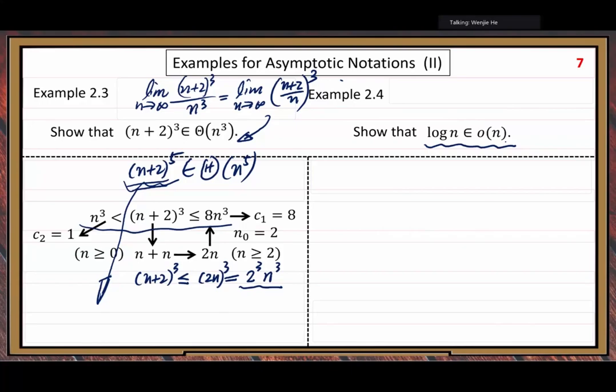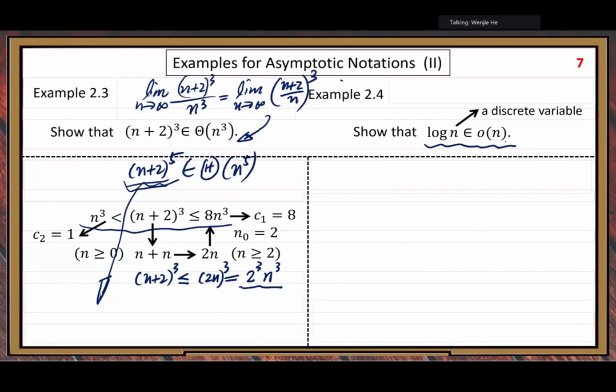Let's calculate the limit here. But when we calculate the limit, actually we did similar things before, right? n is a discrete variable.